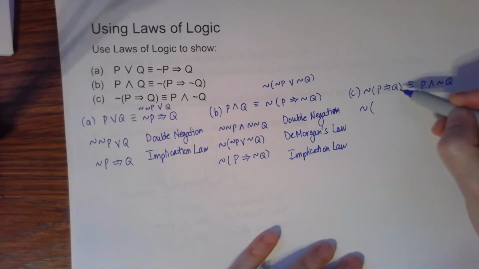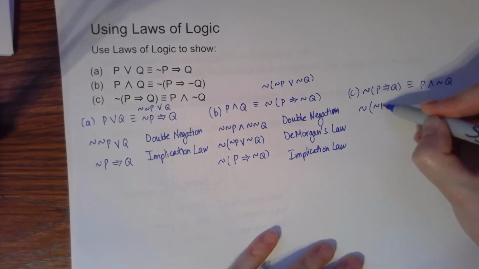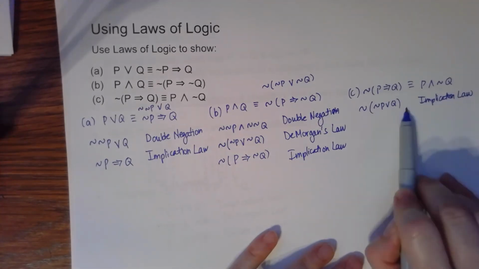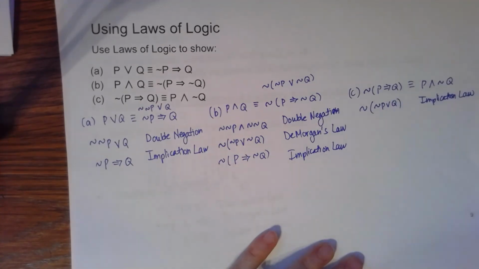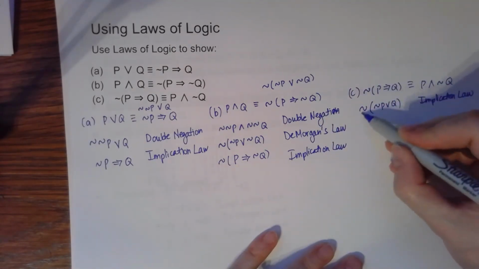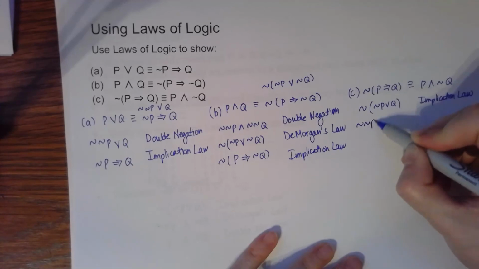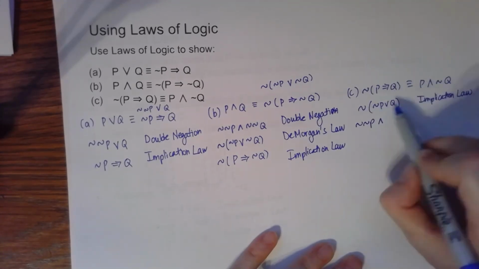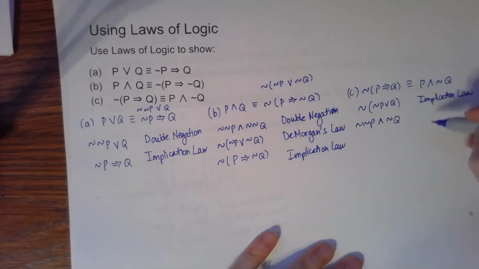We can replace that with not P or Q by the implication law. Then I've got this negative on the outside of these parentheses, so I can use De Morgan to distribute it through there, in a sense. So if I'm going to go not the first thing, I have to change that or into an and, then not the second thing. So I've used De Morgan's law there.